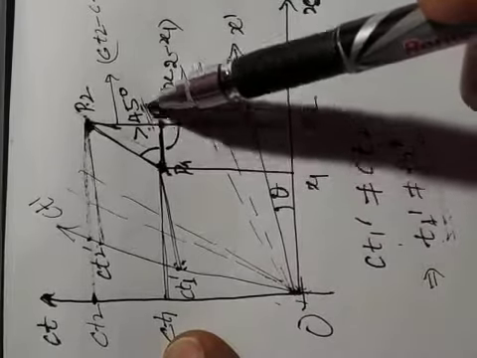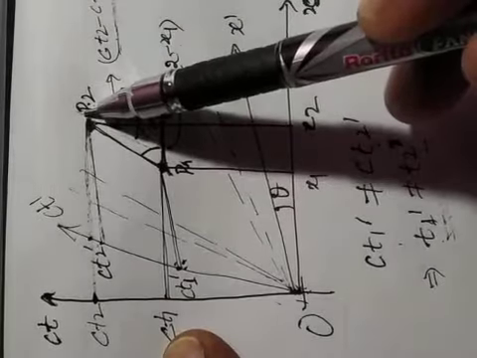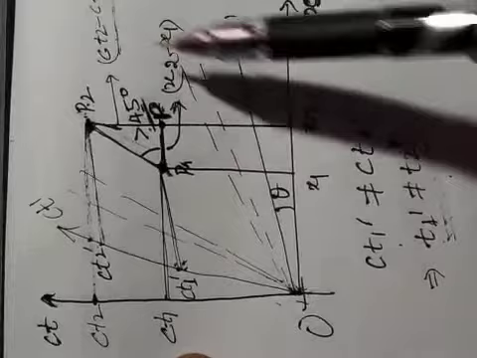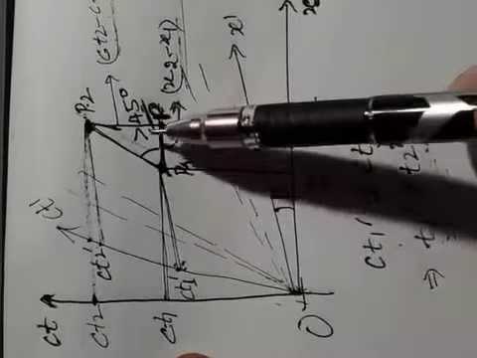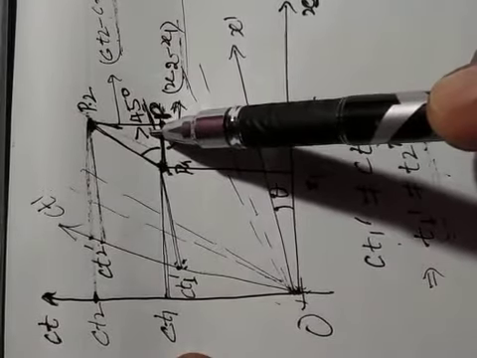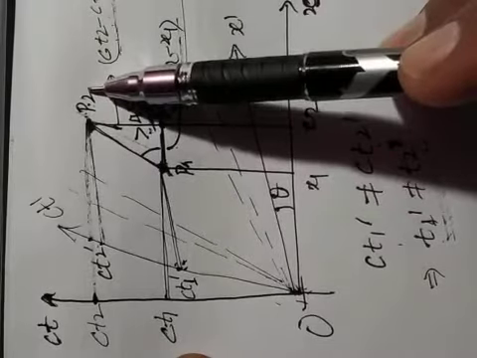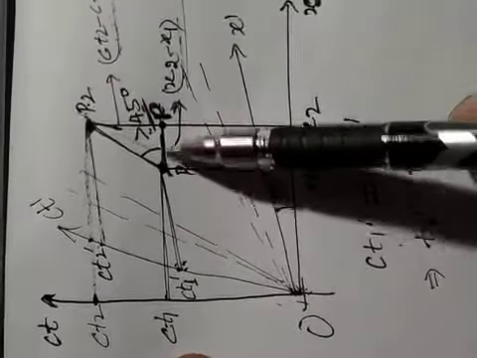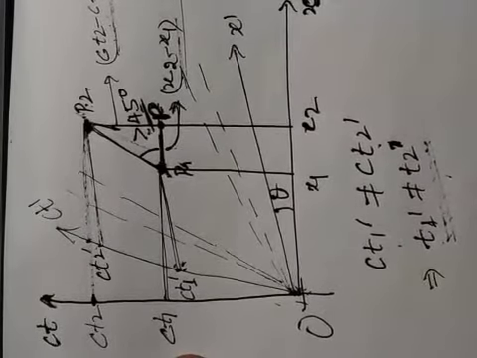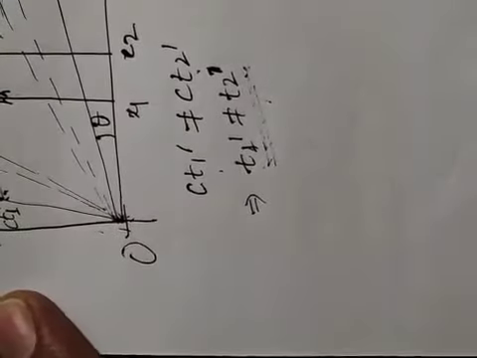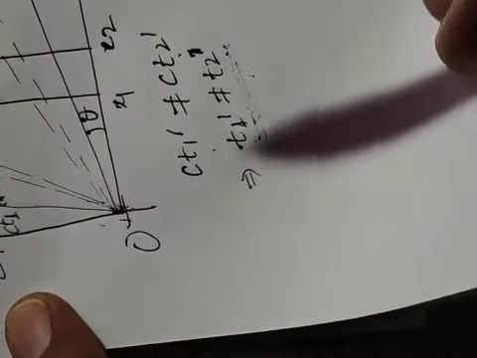If this slope is greater than 45 degrees, then the length CT2 minus CT1, the difference between P and P2, is always greater than the distance P1P, which is equal to x2 minus x1. From this condition it follows that there are no two events which are simultaneous.